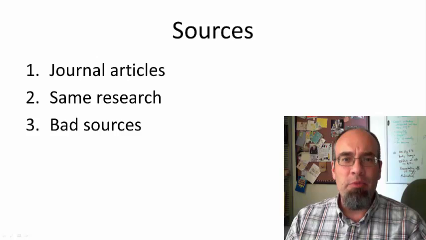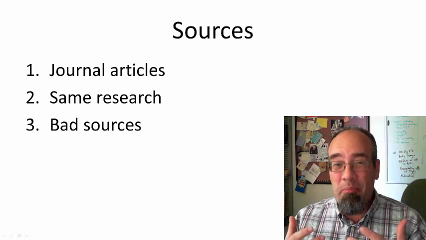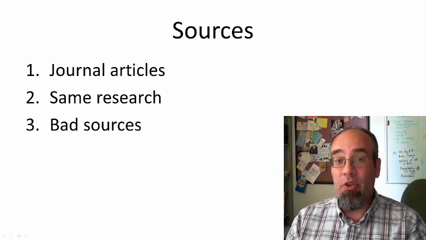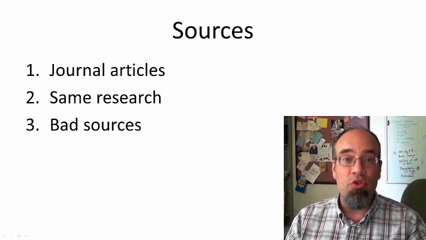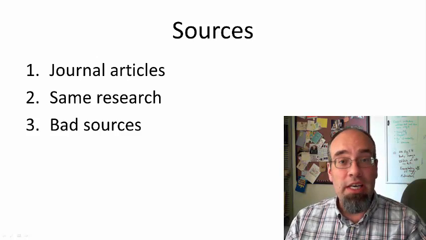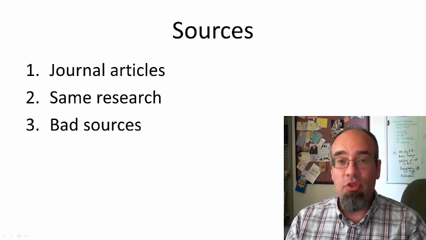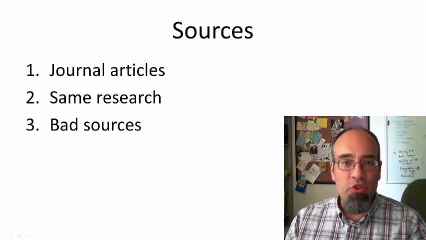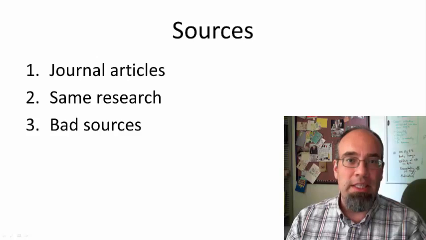It's also not uncommon for people to include at least a couple really bad sources. And that's not something you want either. You are being graded in part on the quality of the sources that you choose. A couple things that are pretty common: people will include as a source a paper that was written by an undergraduate at some other university and posted online as a course requirement, or maybe it was an honors thesis or something like that.